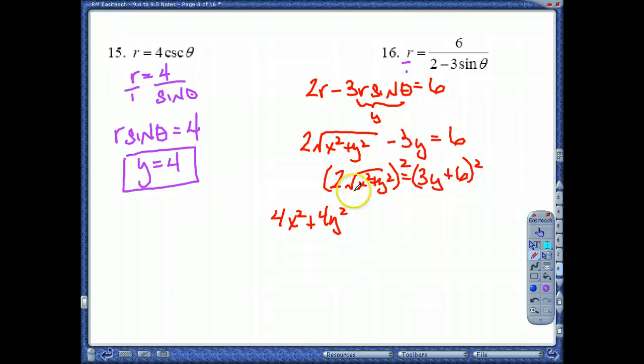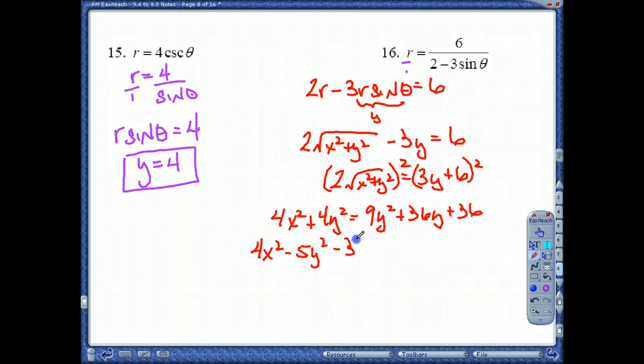I squared it, so I got 4 times x squared plus y squared, and then I just took that 4 through. Here I'm going to have to FOIL, so I have 9y squared plus 36y plus 36. Okay, I'm going to get everything to the same side, so I'm going to subtract that 9y squared. So 4x squared minus 5y squared minus 36y minus 36 equals 0. When both variables are squared, one of them's positive, one of them's negative, you got yourself a hyperbola.